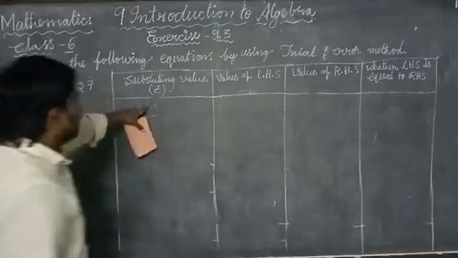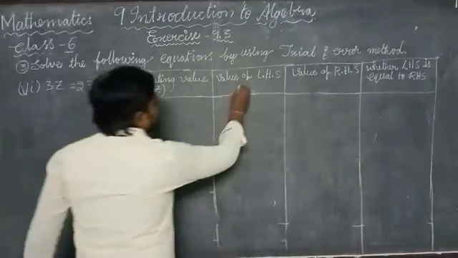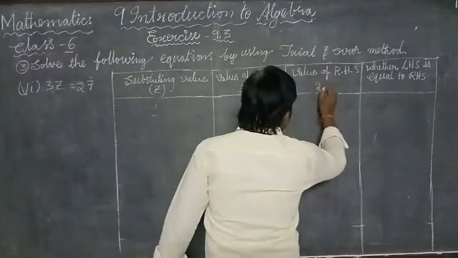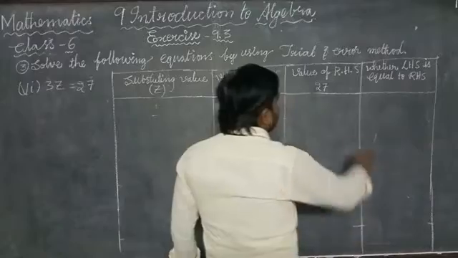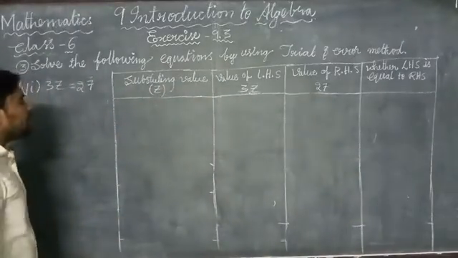The left hand side part is 3z and the RHS is 27.